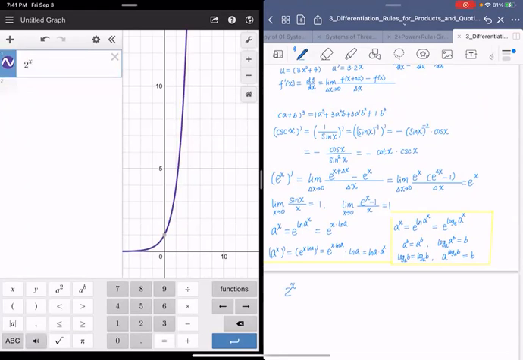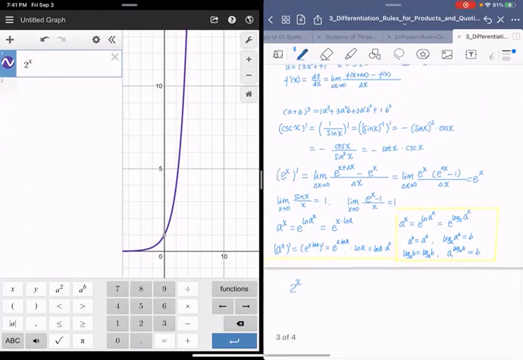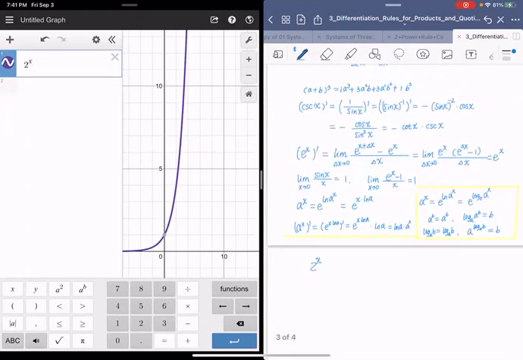But I want to represent this function using the base of e, okay? Because e is a scientific number. I'm going to change this. I want to change it to the base e.